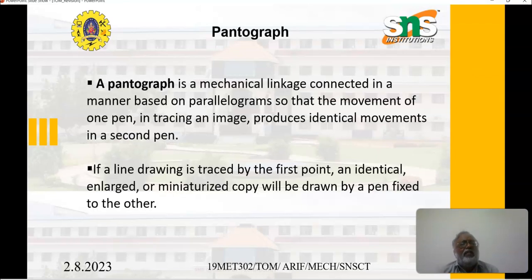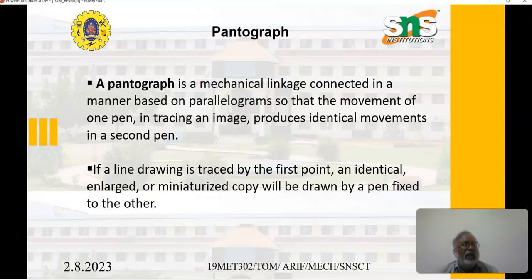The pantograph is one of the inversions of a mechanism. A pantograph is a mechanical linkage connected in a manner based on parallelograms so that the movement of one pen in tracing an image produces identical movements in the second pen.